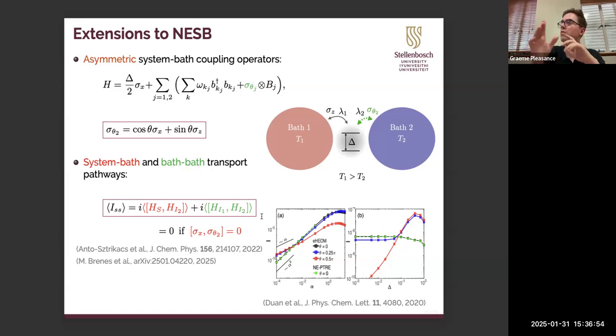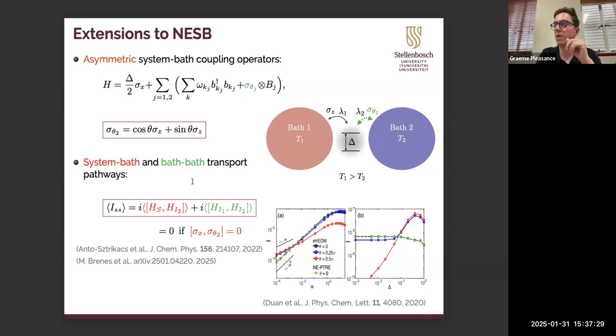So in the previous model that I discussed, the basic one, where these operators are the same, you essentially only have a single contribution to this steady state heat current that stems from this first term that's highlighted in red. This represents what's called a system-bath transport pathway, which I'll explain just now. If you change this operator in such a way that the interaction operators no longer commute, you get the activation of a second transport pathway, which is represented by this green term.